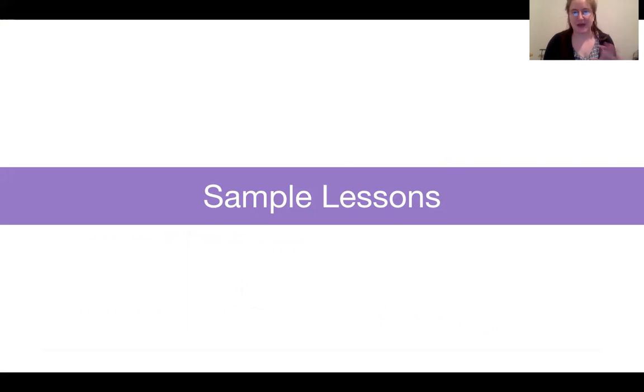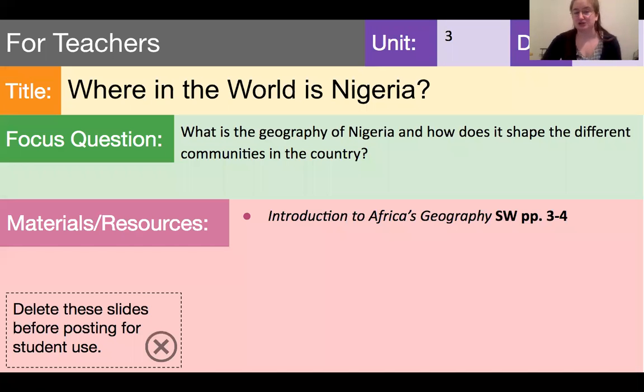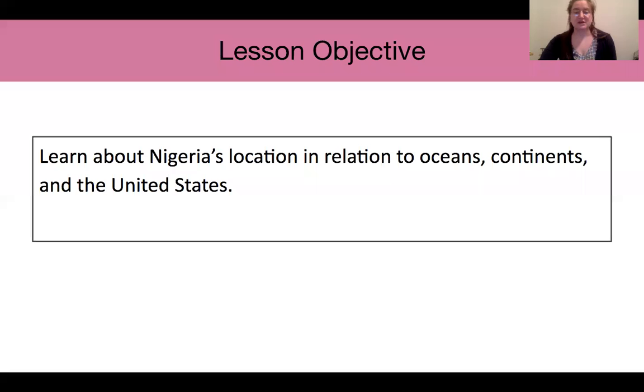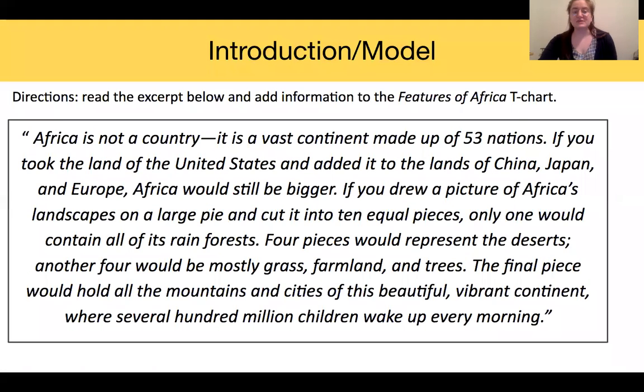I want to show you some of the fantastic third grade Passport lessons that really highlight map analysis skills and ask kids to employ them. So we'll start in Nigeria, in the case study of Nigeria. This is one of the earlier lessons in that unit where children are looking at the geography of Nigeria and how it shapes communities. So they start off thinking about the features of Africa.